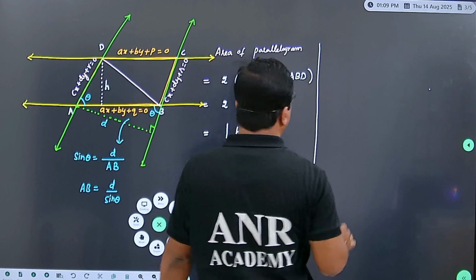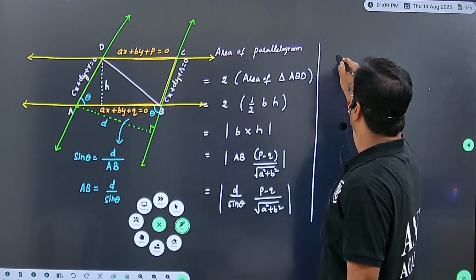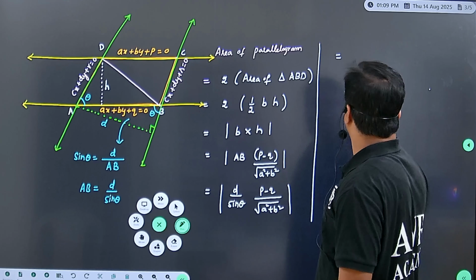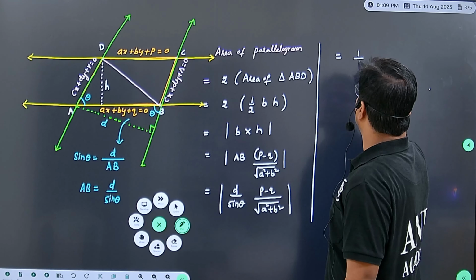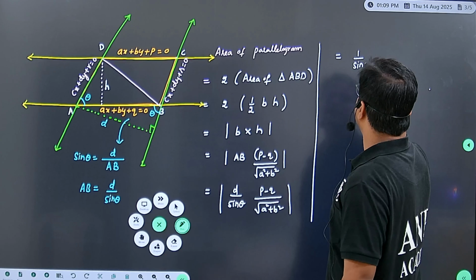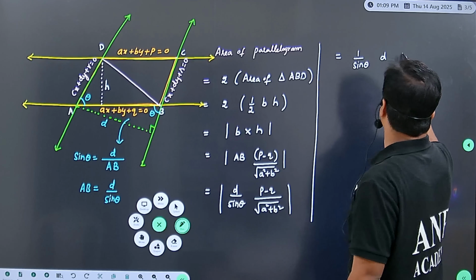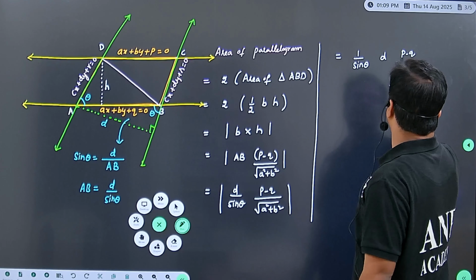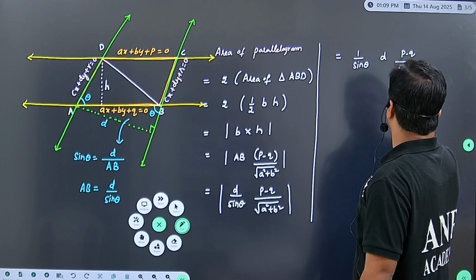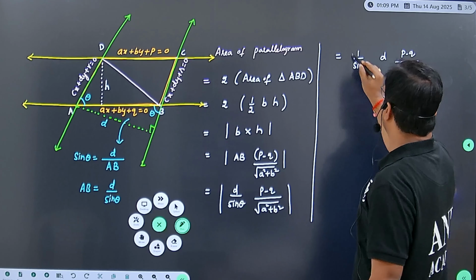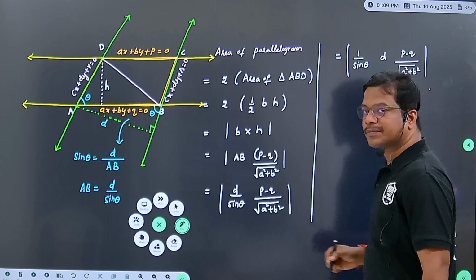On continuation, this is equal to 1 by sine theta, next small d, after that P minus Q divided by root over A square plus B square, whole modulus.